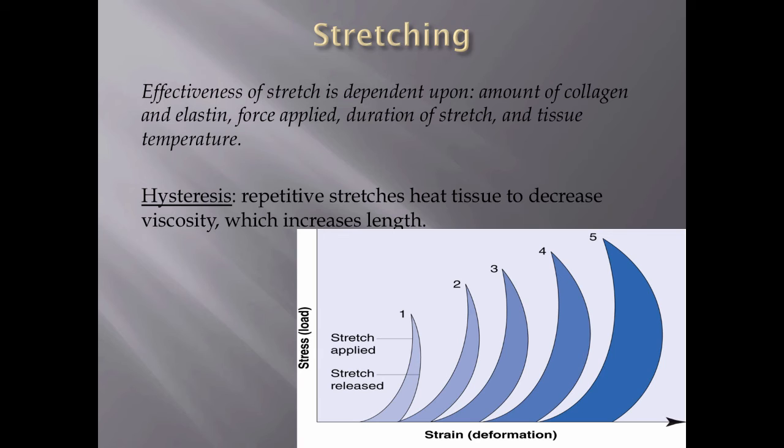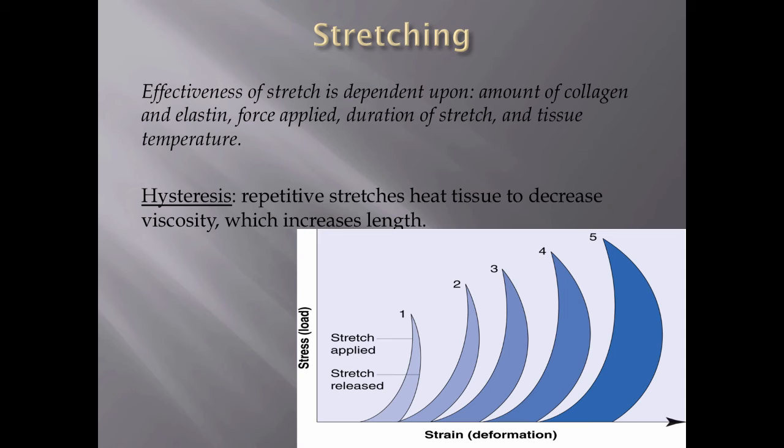So the term hysteresis is an important thing to know with stretching. As we stretch repetitively, the stretching heats the tissue, which decreases viscosity and increases length. So you see from the diagram at the bottom, your first stretch is applied, is held, and when it is released, it doesn't go back to the starting point on the strain or deformation axis.